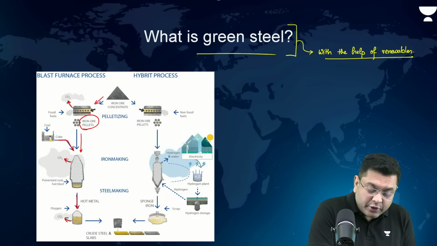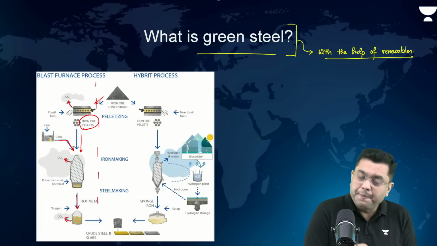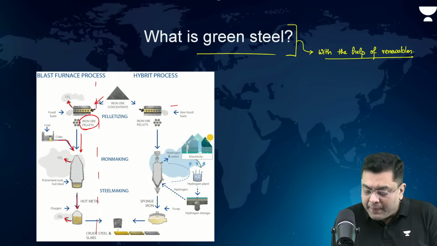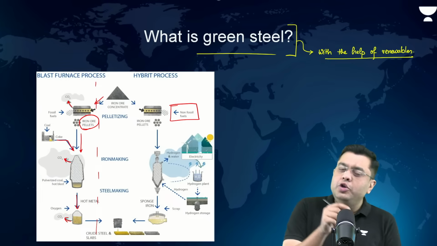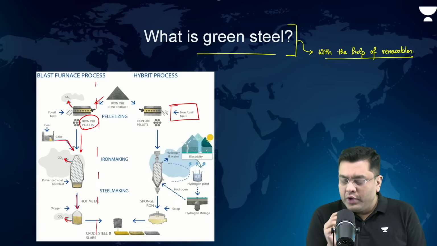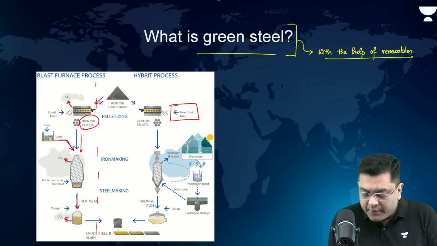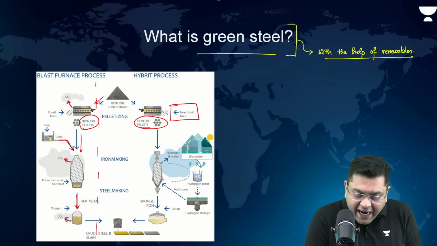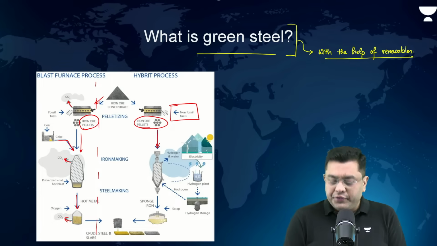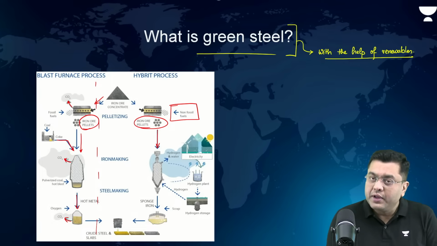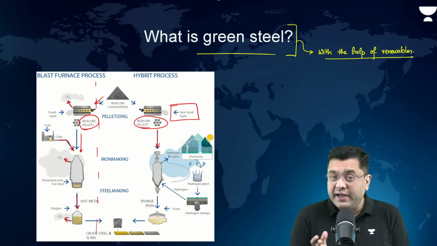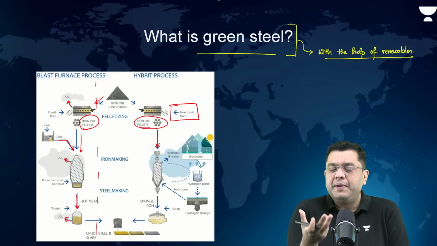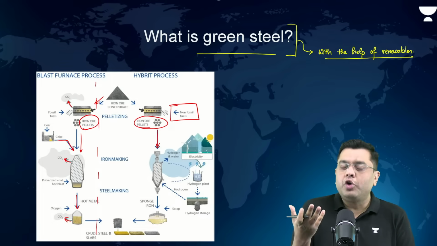Now, this is the case of normal steel manufacture. What is the condition of green steel? You use renewable energy right from the time when you want to convert iron ore into pellets. Then, with that renewable energy, you produce hydrogen, for example green hydrogen by electrolysis.